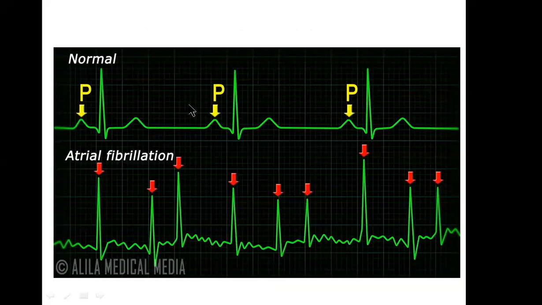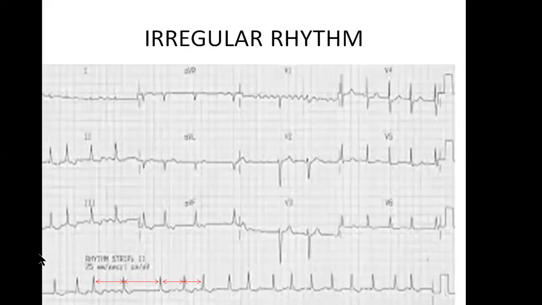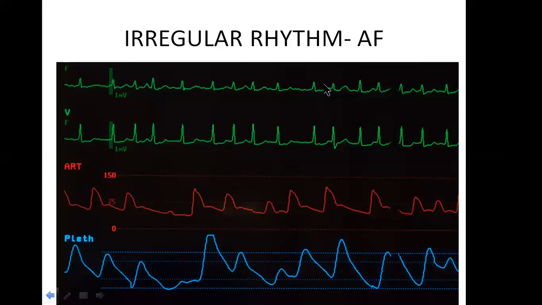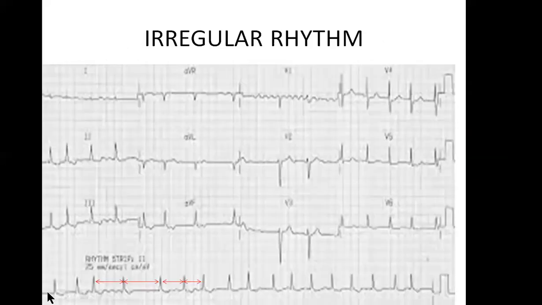Whenever you see an irregular rhythm, the first diagnosis that should come to your mind should be atrial fibrillation. Irregular rhythm, no similar P waves, atrial fibrillation. So the second point is rhythm.